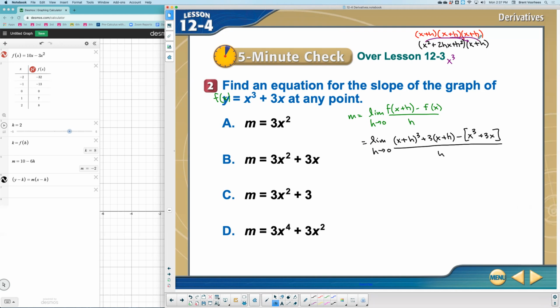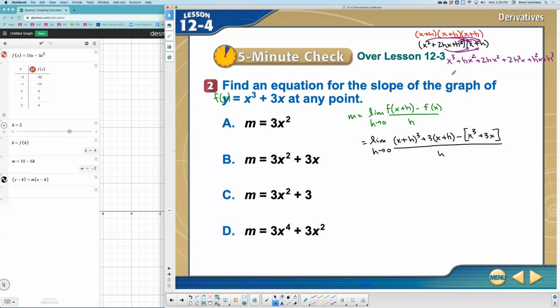And then x squared times h is h x squared. Here I'll have 2hx squared, and then 2h squared x, and then here another h squared x, and then finally h cubed.